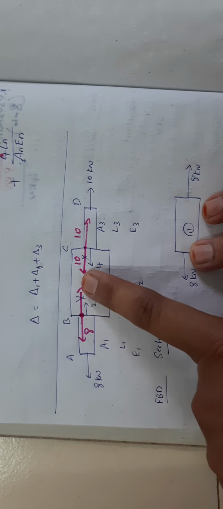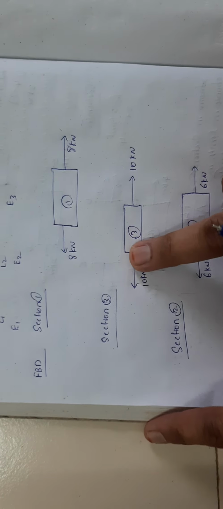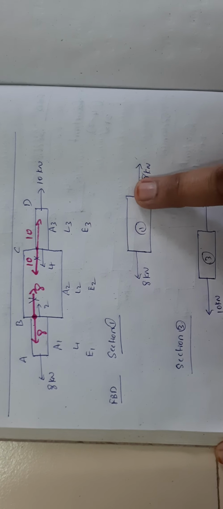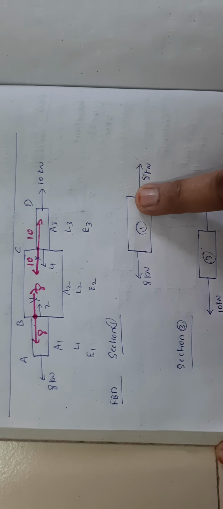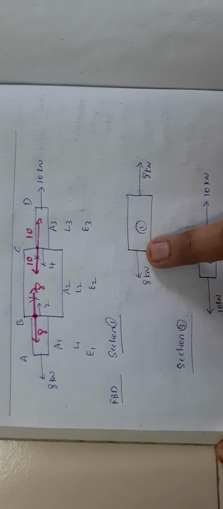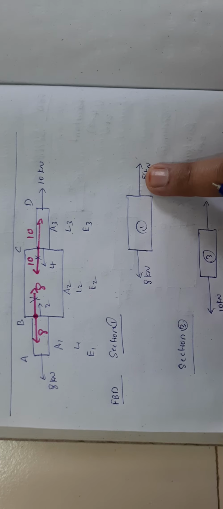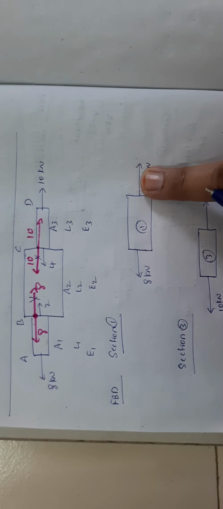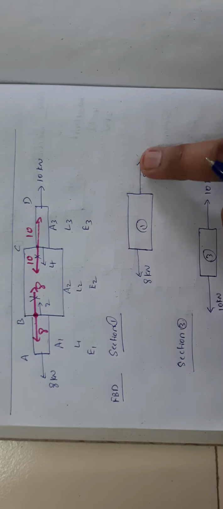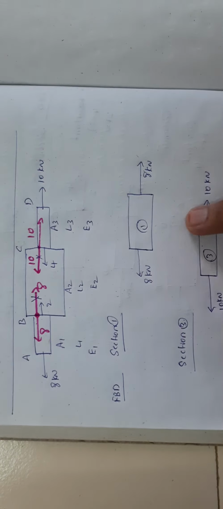Here we are calculating the internal forces. One side is external force, another side is internal force, so the internal force also should be the same as the external force. Accordingly you have to add and subtract here. Then you will get the total.